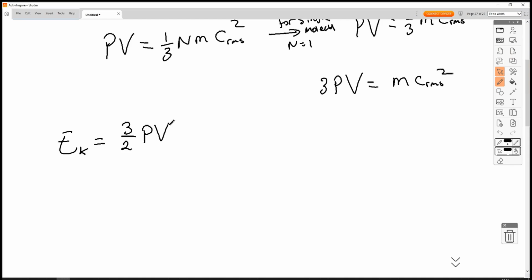And PV is also equal to nkT. So therefore, we can make the substitution here. For one molecule, n is equal to 1, so we can get rid of that n. So PV equals kT. So here we also get Ek equals 3/2 kT.